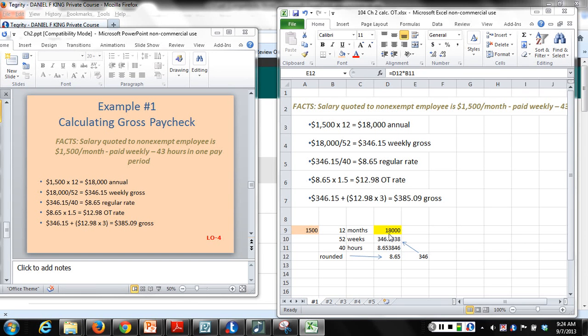But down here, in this cell right here, we're dividing the 18,000. See up here in the formula bar, we're dividing D9, the 18,000, by the 52 weeks in a year to come up with the weekly gross. Now look at the answer shown to us here is 346.15, but the actual, not rounded, answer is 346.1538.